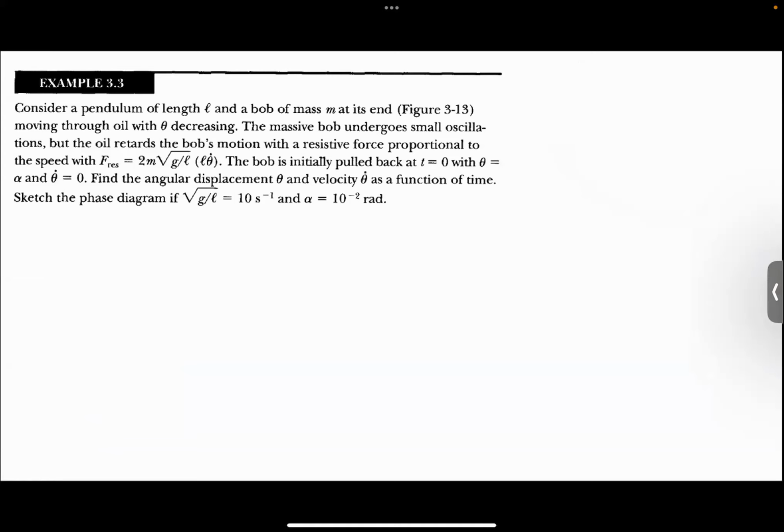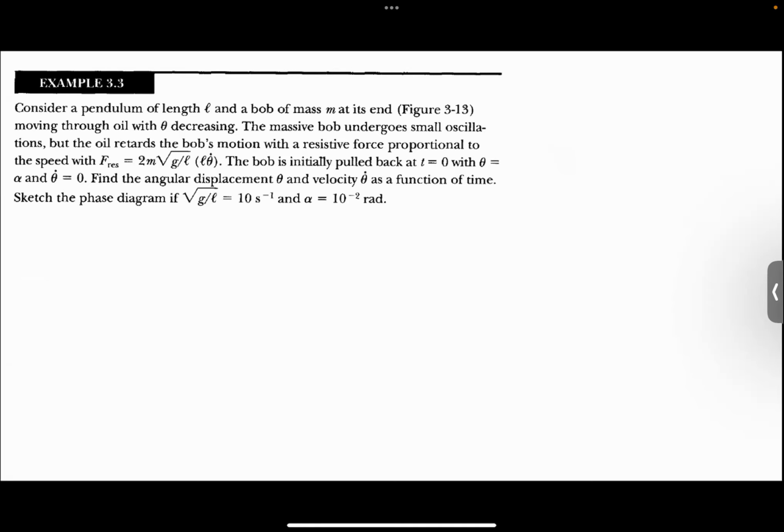So yung expression for the resistive force is 2m square root ng g over L, theta dot. The bob is initially pulled back at t equals 0. So ibig sabihin, hinila muna siya with theta equals alpha and theta dot equals 0. So binitawan lang siya without applying any force dun sa initial na position niya. So find the angular displacement theta and velocity theta dot as a function of time and sketch the phase diagram.